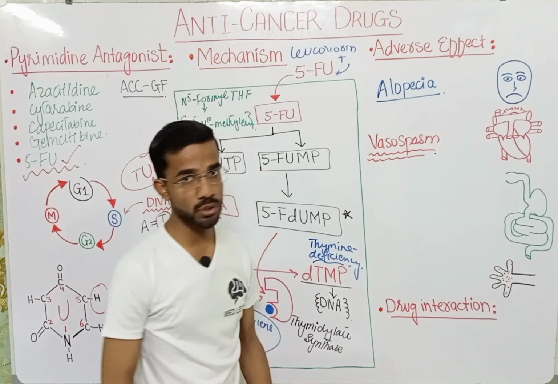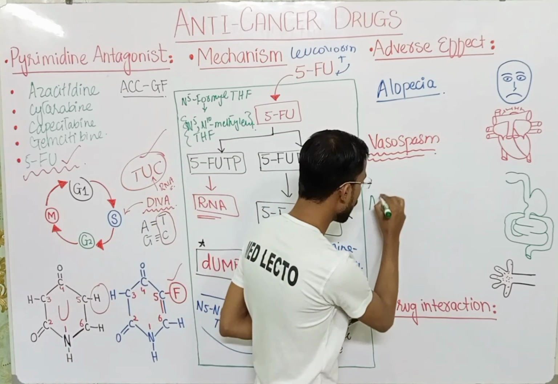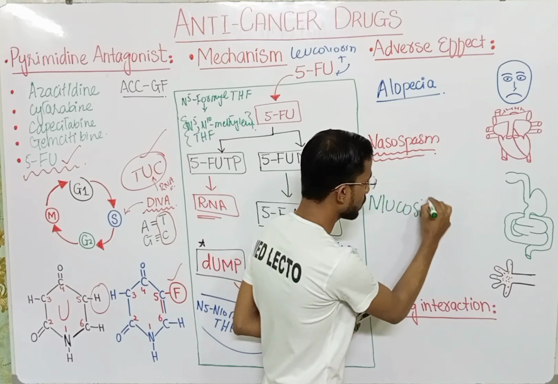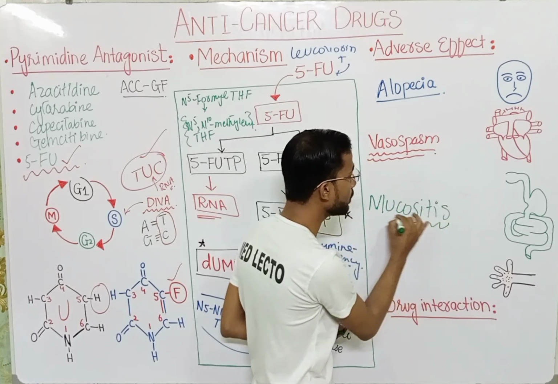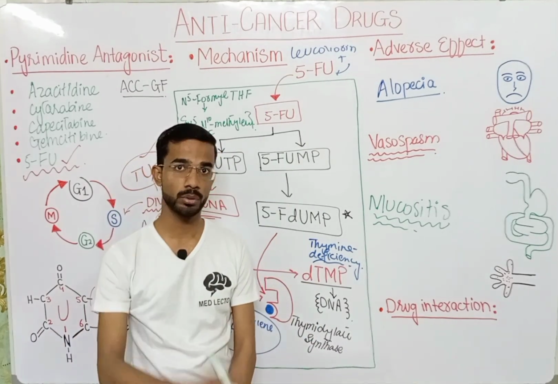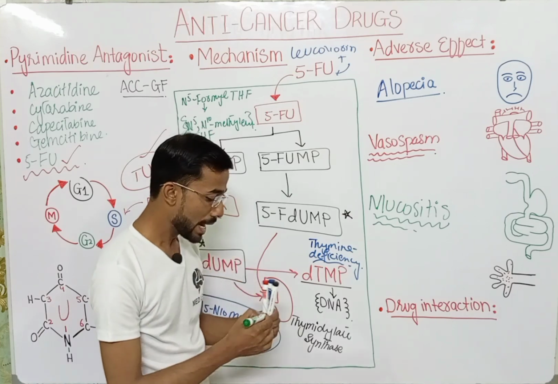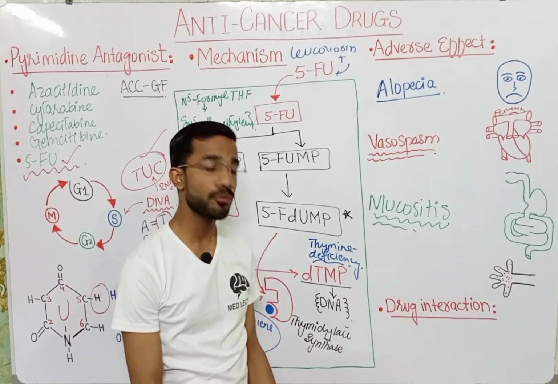Okay, you can also see mucositis, inflammation of the mucosa present in our GIT tract and in the mouth. So in that situation you get inflammation of the mucosa. Okay, next is hand and foot disease.